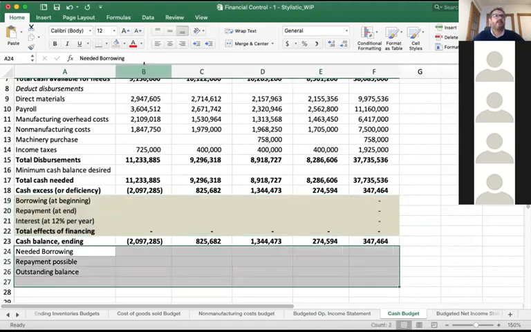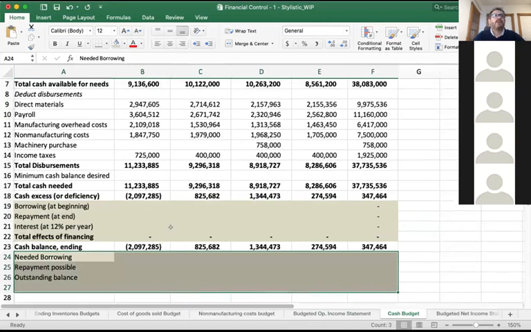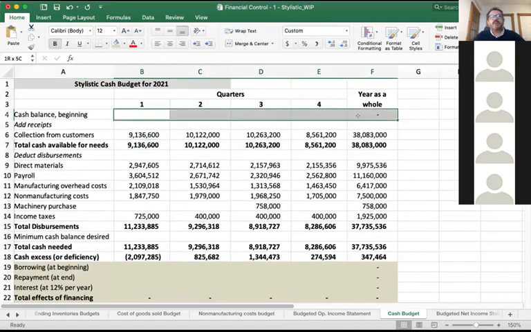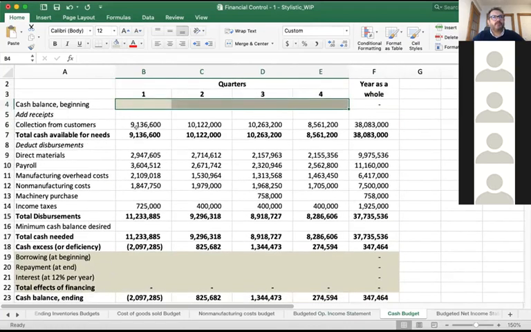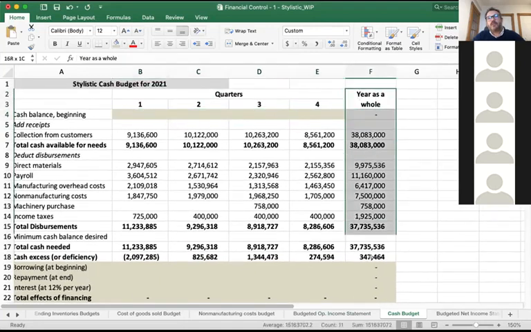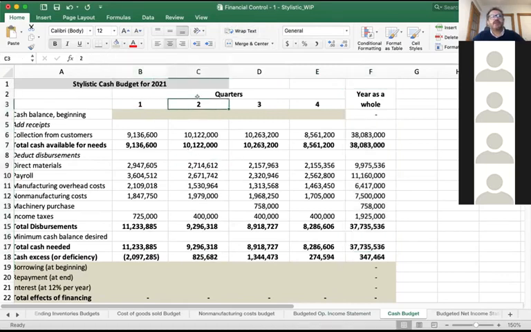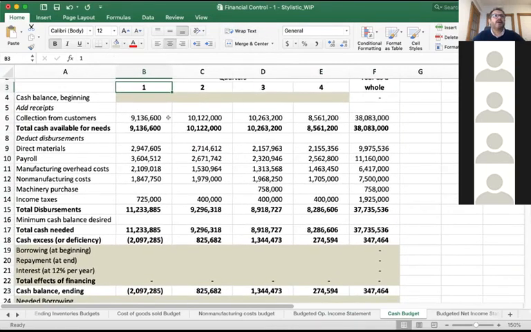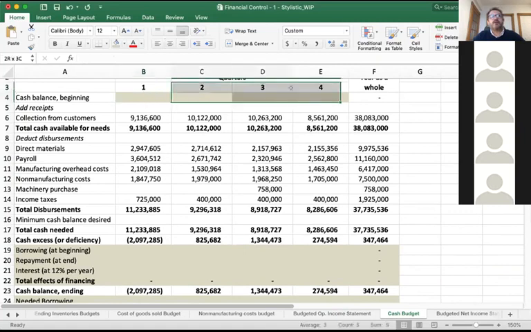Okay, you know, the borrowing repayment stuff. So okay, this one we need also to fill in. Okay, let's not care too much about the year as a whole. Let's focus on one quarter, 1, 2, 3, 4 quarter. Okay, so the first information you should find, of course, is the beginning cash.